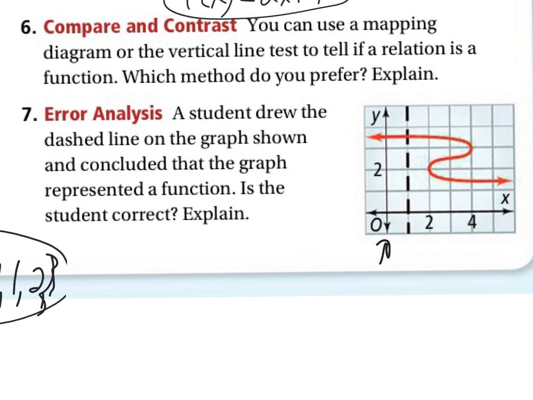What you want to do, you want to keep drawing vertical lines across the graph, and you can see here is a definite problem. We've got 3 y values for the same x value, so that can't work, and that can happen other places too, or at least 2. You know, some of them maybe there's only 2, but if there's more than 1, it's not going to work. So that is not a function, so the student is not correct.